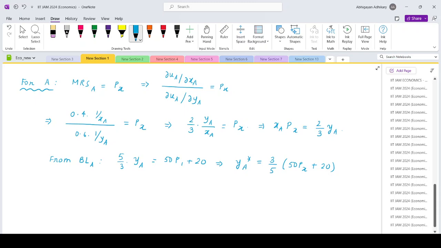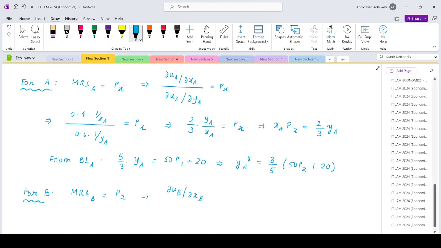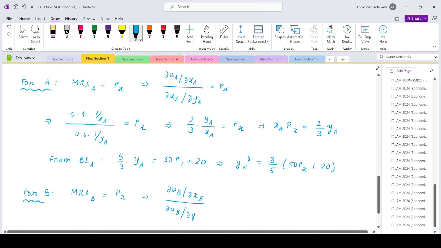In a similar way, we can find the amount of Y for agent B. For agent B again, the optimization condition would be MRS of B is equal to Px. That means del UB by del XB divided by del UB by del YB is equal to Px.